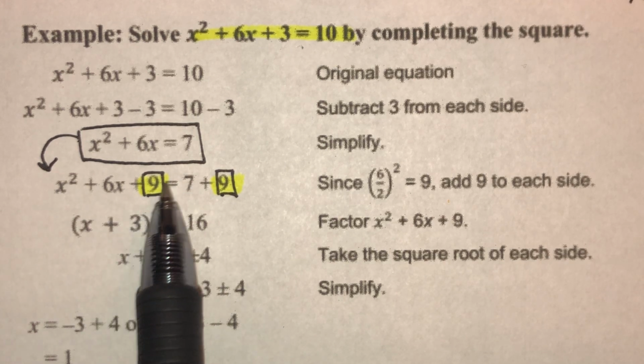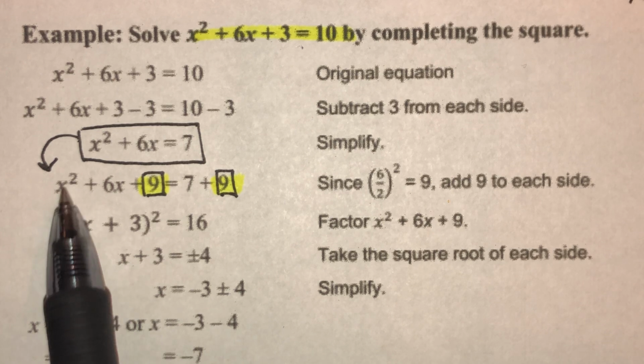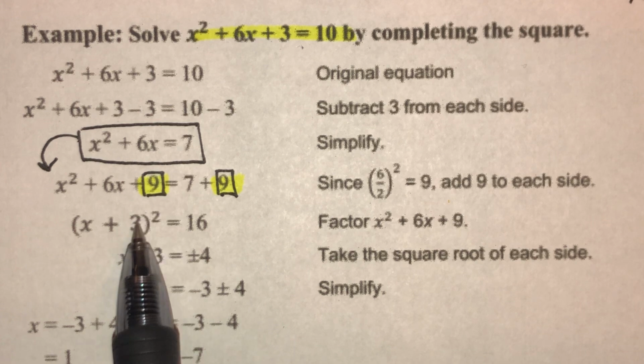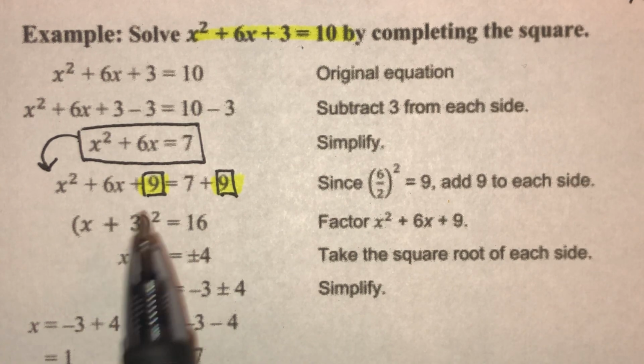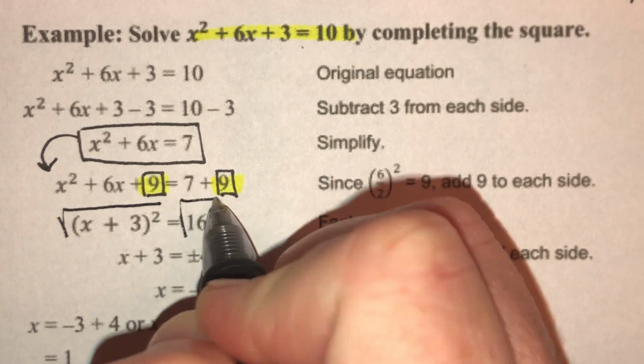And over here, since this is a perfect square trinomial, they went ahead and factored it, right? The square root of x squared is x, and the square root of 9 is 3, and x times 3 times 2 is 6. So that works. Perfect square trinomial. Now, I can take the square root of both sides.